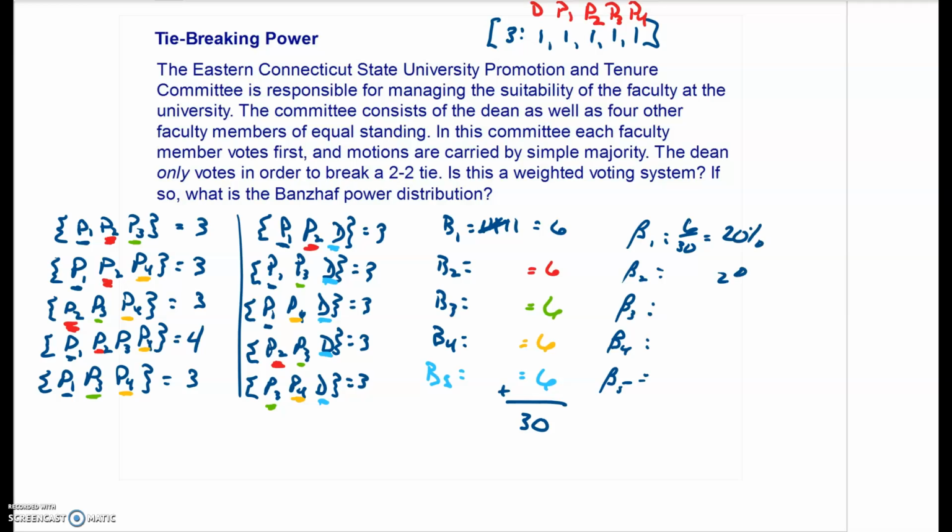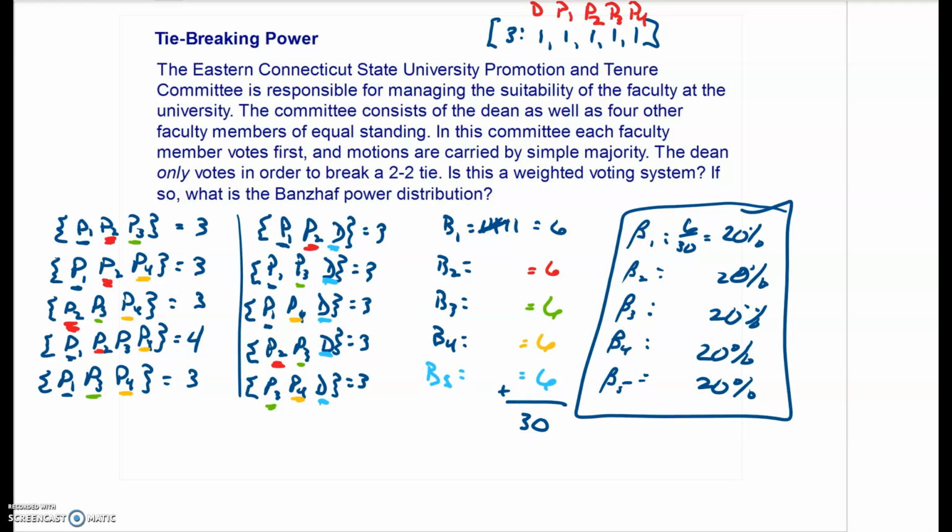So notice 20%, 20%, 20%, 20%. Each of the Banzhaf indices for all of the players are the same. They each carry the exact same weight. So this is almost the perfect weighted voting system.